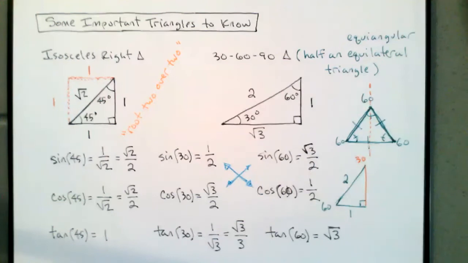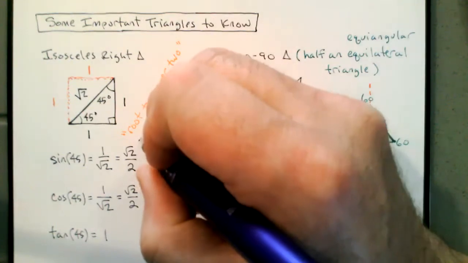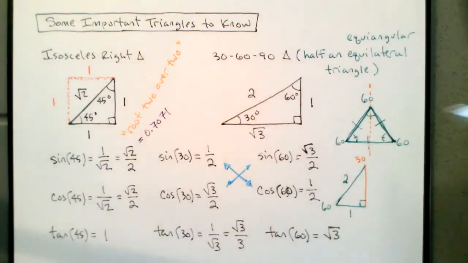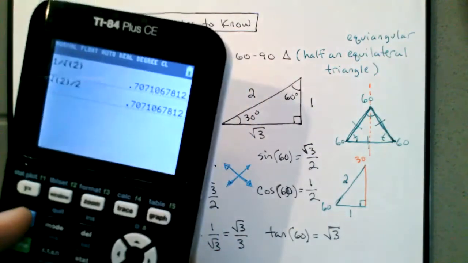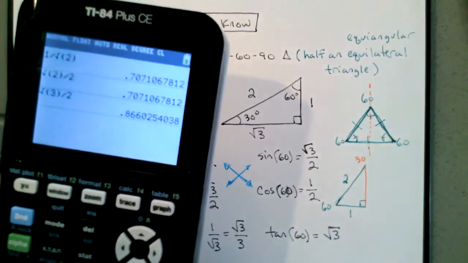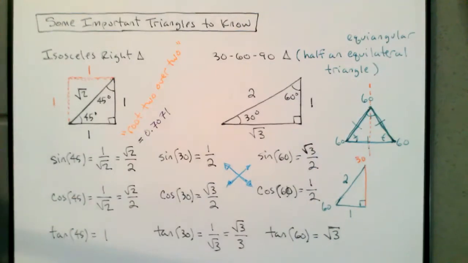One thing that might help us is to recognize what these values are approximately. We saw that root 2 over 2 was approximately equal to 0.7071. That could prove useful. Root 3 over 2, let's see, what's that one? The square root of 3 divided by 2 is 0.8660.